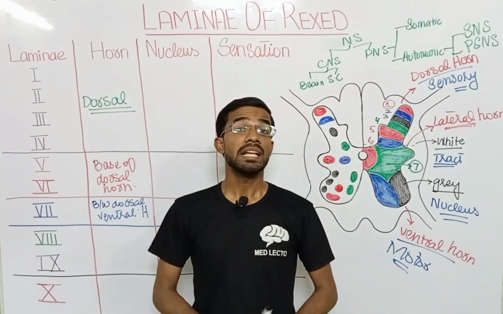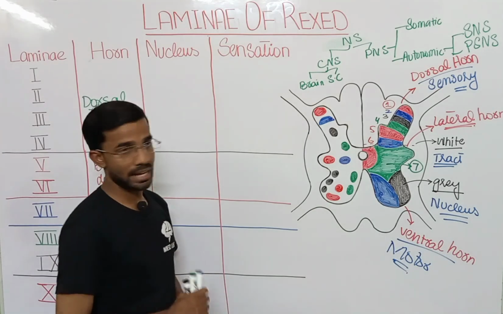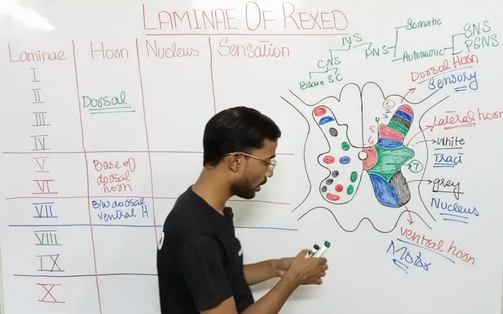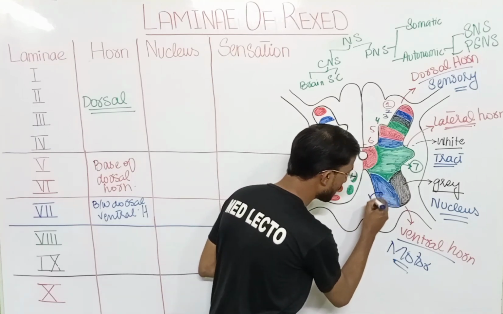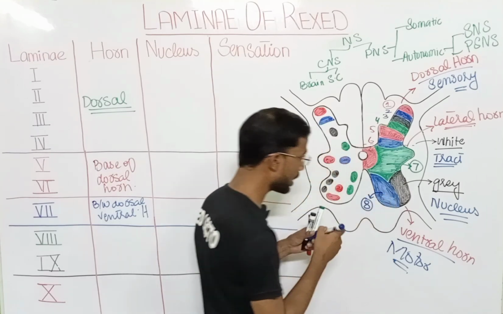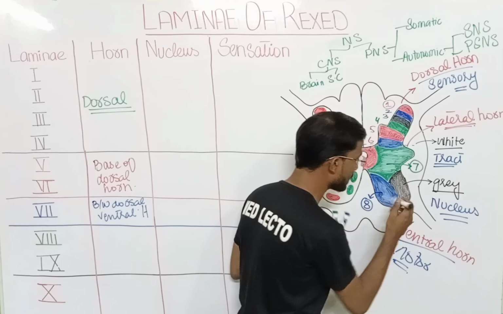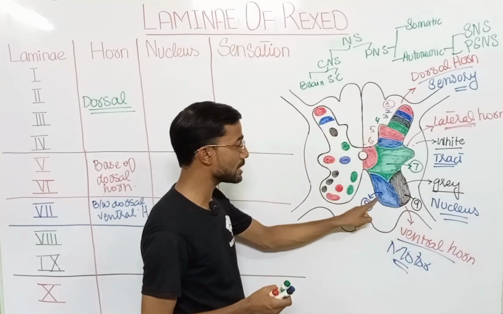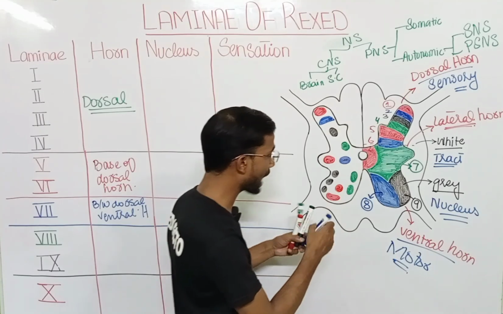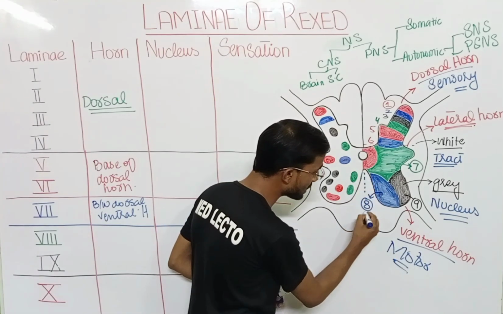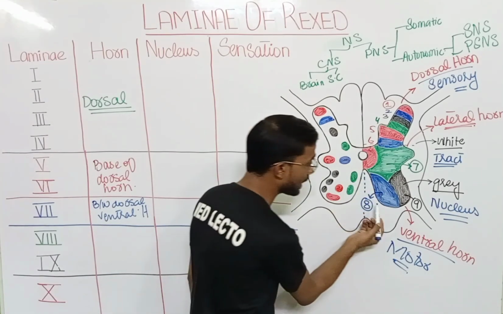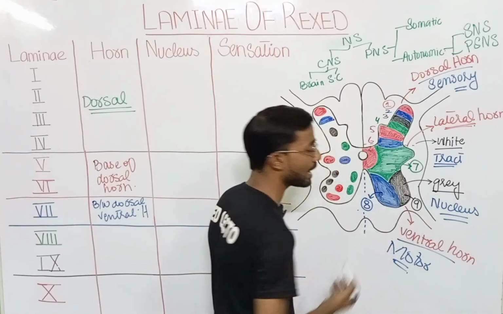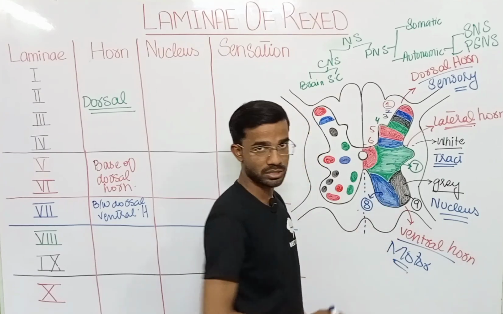The 8th and the 9th lamina are present in the ventral horn. Here is the 8th lamina and here is the 9th lamina. The 8th lamina is present at the medial side, the middle side of the spinal cord, and the 9th lamina is present at the lateral side.